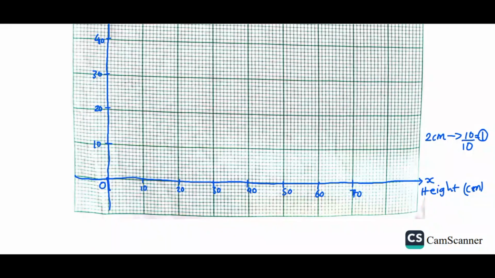This means that these smaller boxes each represent 1. So 10,3: under the x is 10, then y is 3. So you just go on the 10, then you add 3 more small boxes. So 1, 2, 3. 10,3 is here.